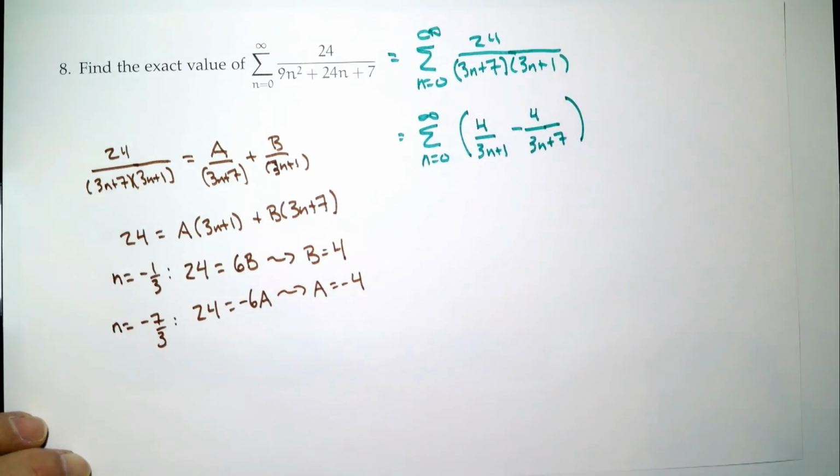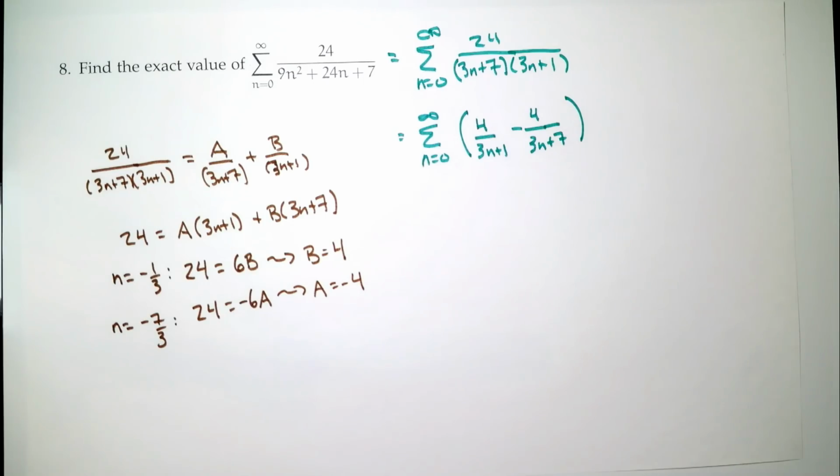So this feels right. Because, not partial fractions, telescoping. Telescoping, you should have something minus something, and you should expect things to start canceling out. So this is good.